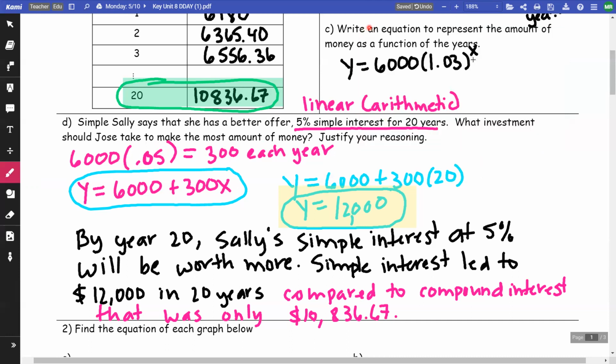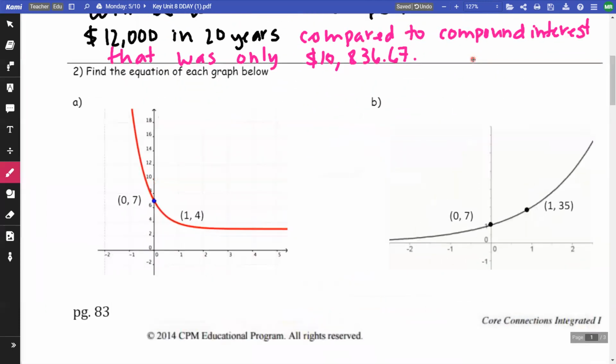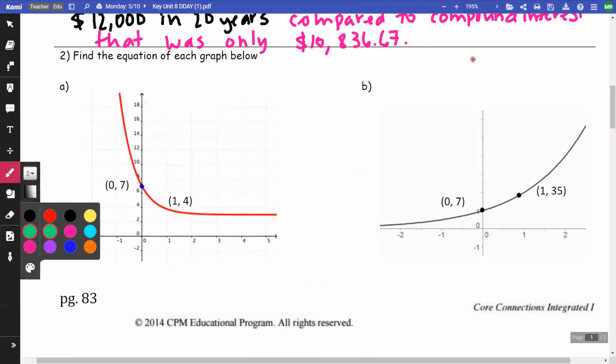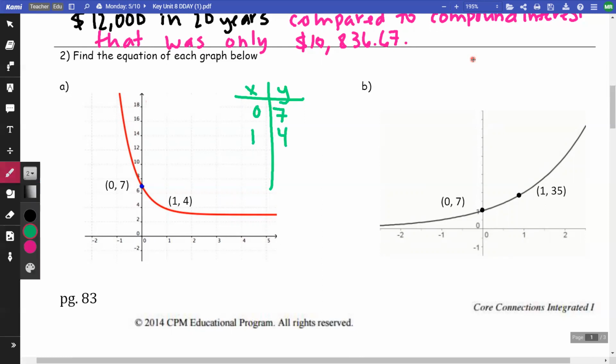Okay. So these problems down here, they want us to write an equation. Now, if you're thinking about this, you can make a table for yourself if that helps you. We have 0, 7. We have 1, 4. This is going to be my A. This is telling me that A is equal to 7.